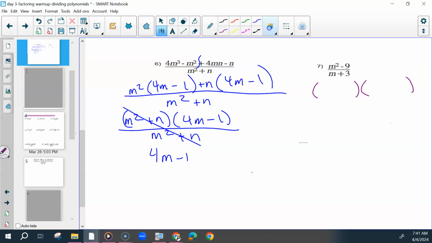I think the one that's the same. Is it m squared minus? Is it difference of squares? Isn't it like m times m minus?